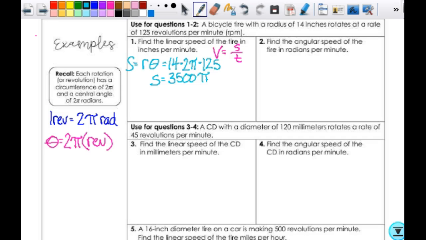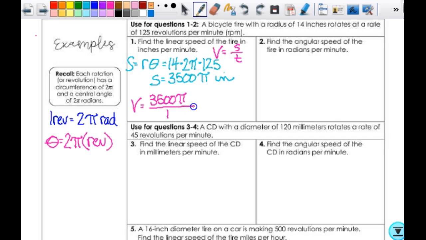So right now, my arc length is this many inches. Now, the next part is going to seem a little silly at first, but I promise you there's a reason for this, because it's not always going to work out quite as nicely. The velocity that we're actually looking for is the arc length, this 3,500 pi, divided by time. Since that 125 was revolutions per minute, the time I have has to be 1 minute.